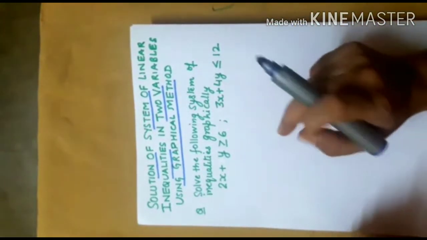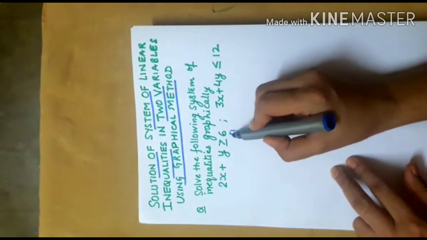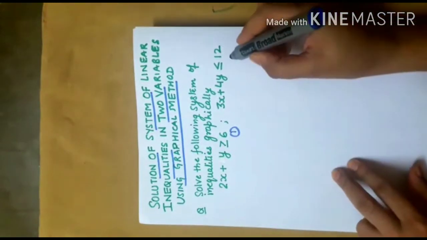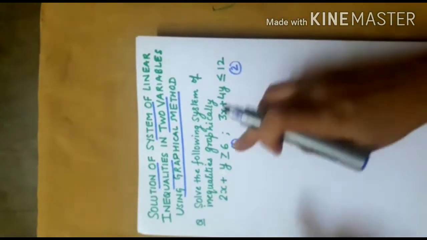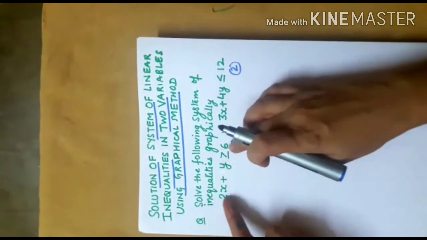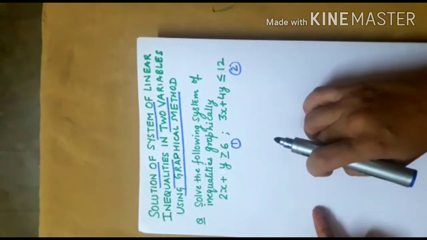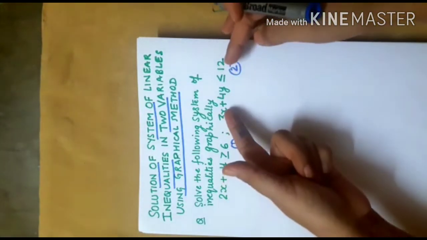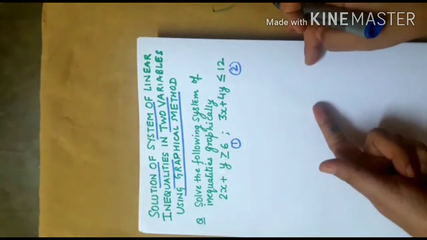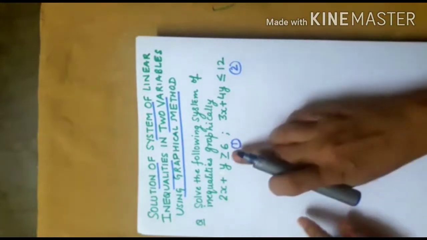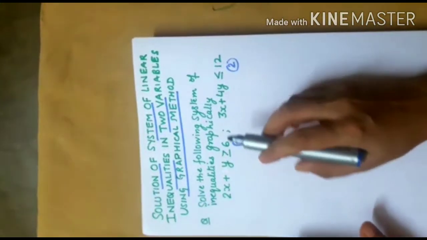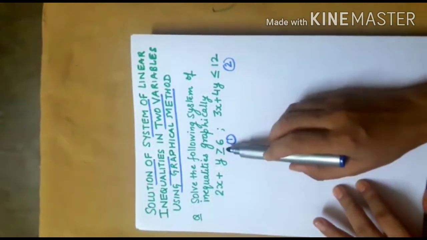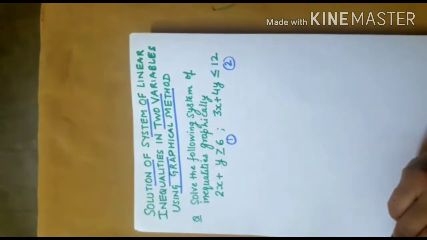In this system there are two inequalities. This is the first inequality, this is the second inequality. This inequality will have its own solution set and this inequality will have its own solution set. When I consider these two inequalities as a system, I need to find their common solution.